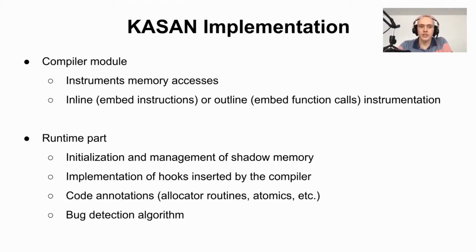The first part is a compiler module that inserts instructions around each memory access, either function calls or actual instructions, to make sure that the memory access is valid. And we have the runtime part that implements the hooks that are inserted by the compiler and has some annotations for the allocator. For example, in case of tag-based KASAN, we will need to mark the memory as tagged, right? And it puts all of the things together to actually detect bugs.